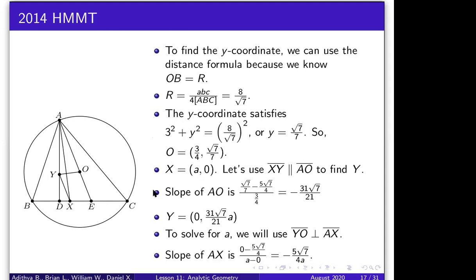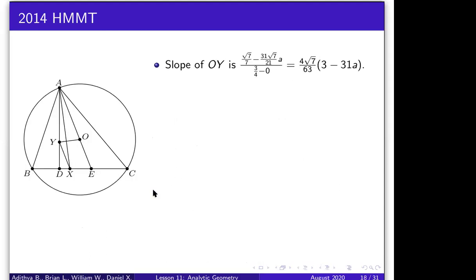And then the slope of OY. Yeah, it's a little bit messy, but it's not too bad. So the slope of OY is root 7 over 7 minus 31 root 7 over 21a, divided by 3/4 minus 0. So if we simplify a little bit, this turns out to be 4 root 7 over 63 times (3 minus 31a).